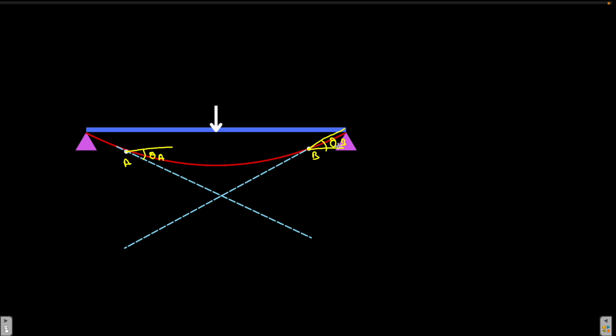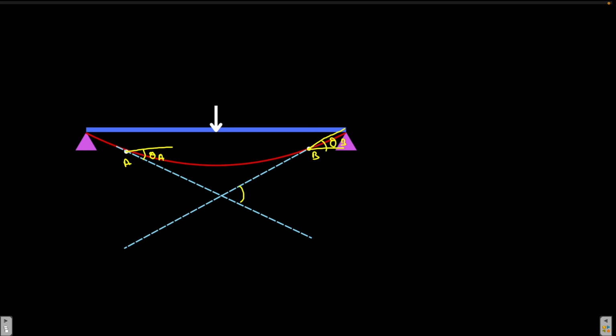So what are we actually going to calculate? We are going to calculate this angle, which is theta BA. The first letter B represents the angle at the point B and this second letter A represents with respect to the tangent at point A. That means we are finding out what is the angle theta at B with respect to the tangent drawn at A. Understood?